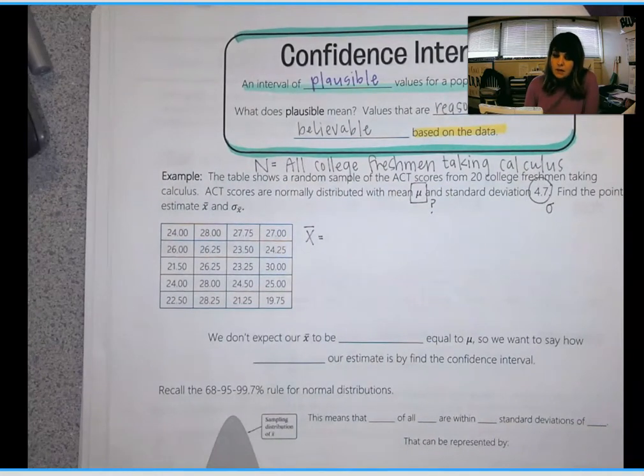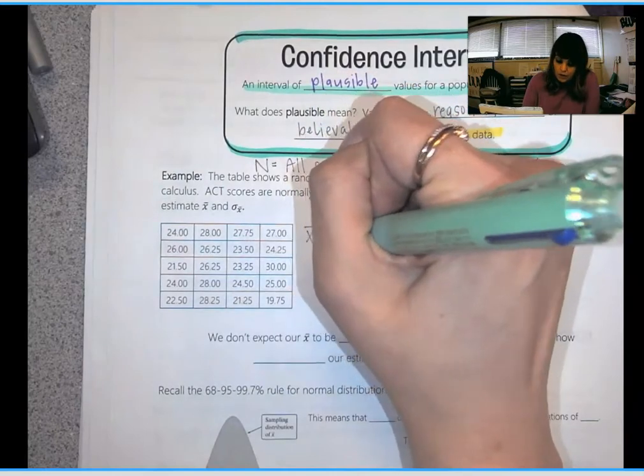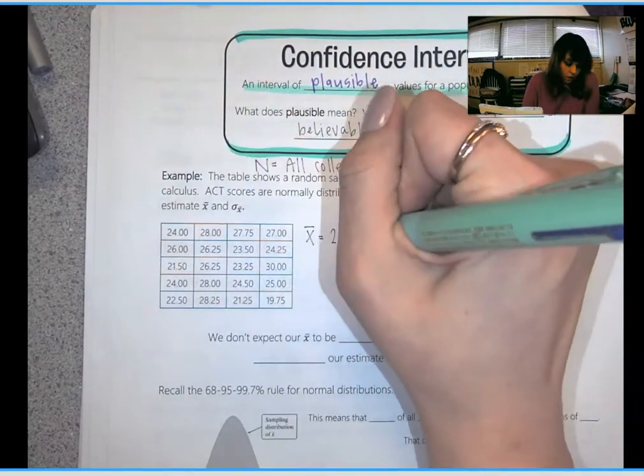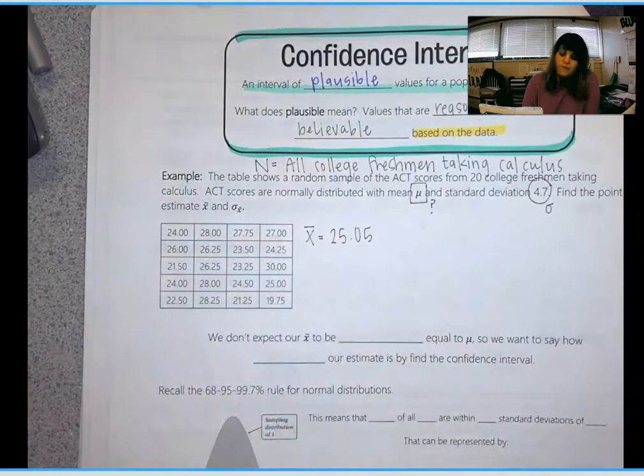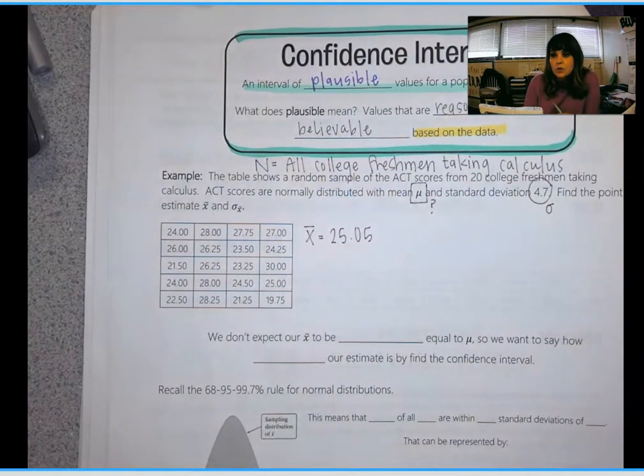But to save us some time, I'm just going to give it to us. It's 25.05. So the average score for these 20 freshmen taking calculus is 25.05, which is pretty high.